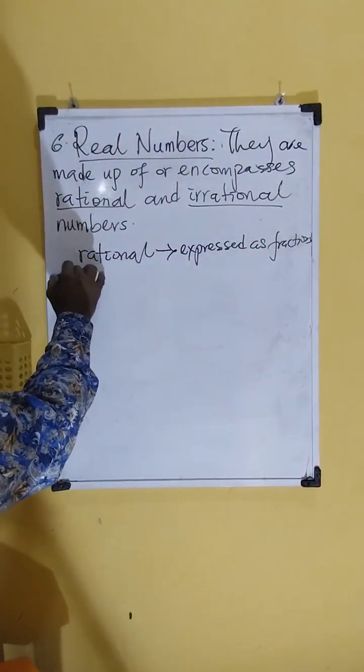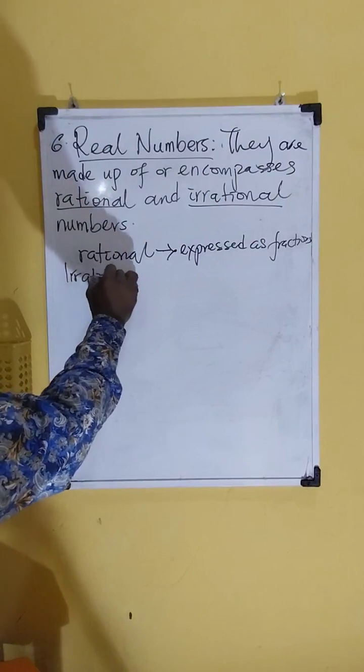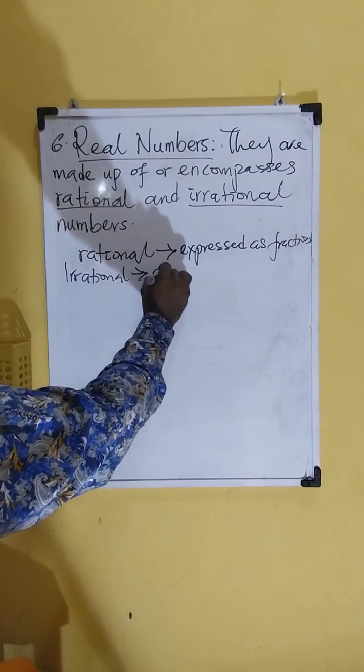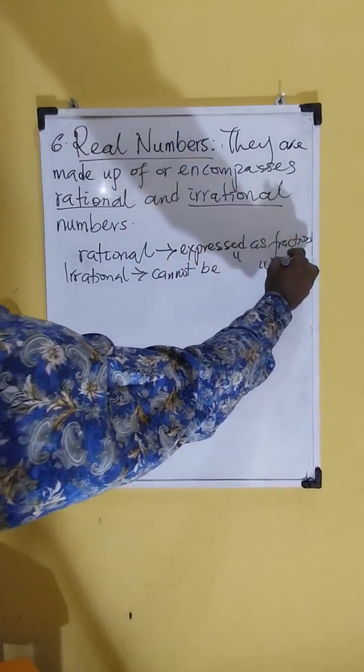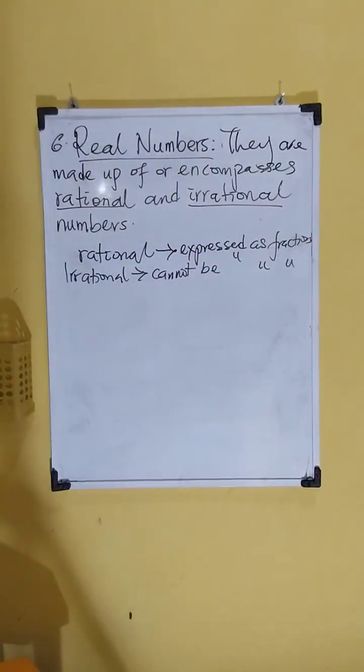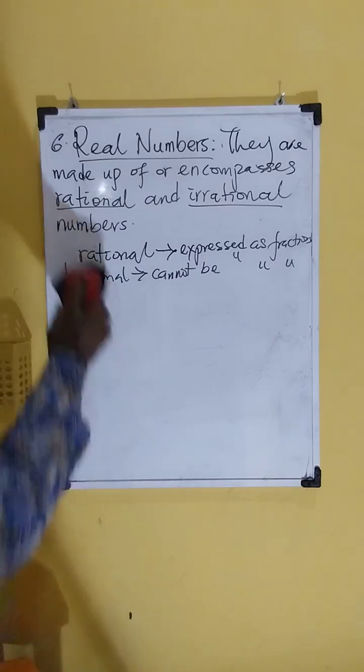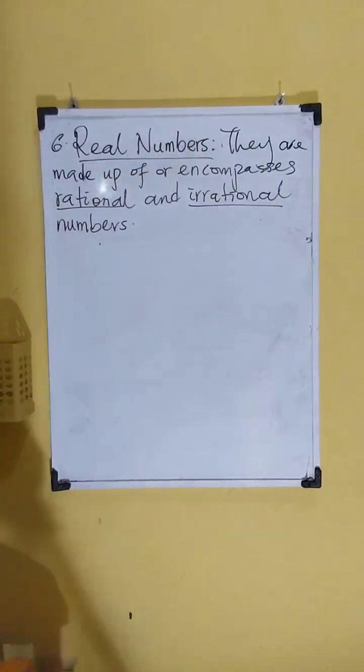Irrational numbers cannot be expressed as fractions. Did you get that? So you must know the meaning of rational and also know the meaning of irrational. So real numbers are made up of, or they encompass rational and irrational numbers. That's what they are made up of.